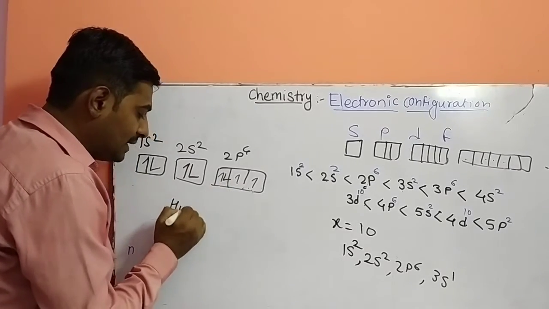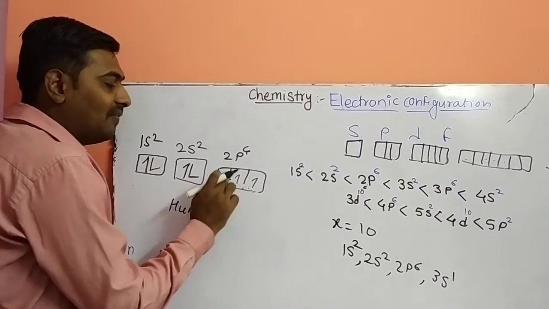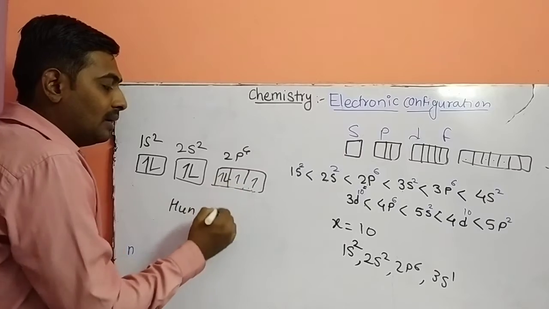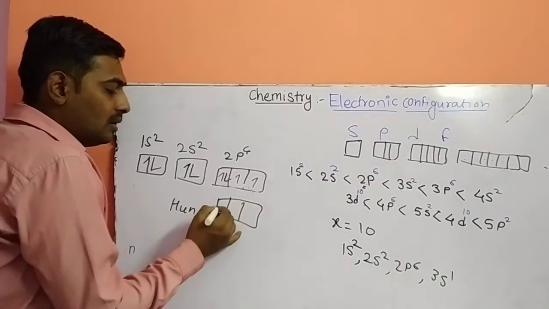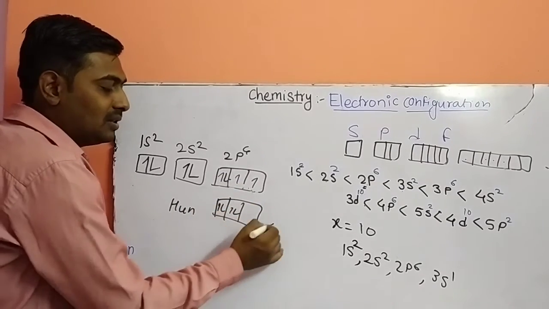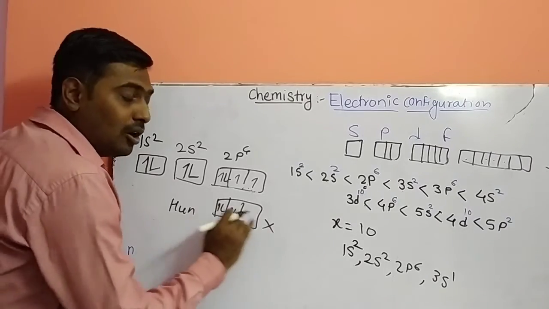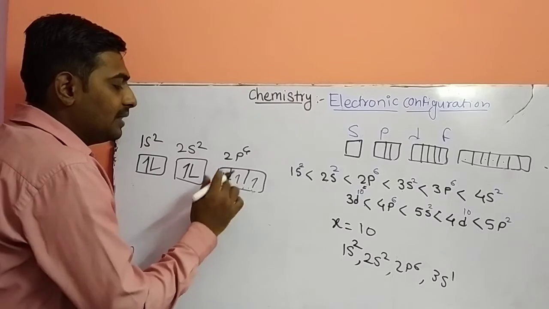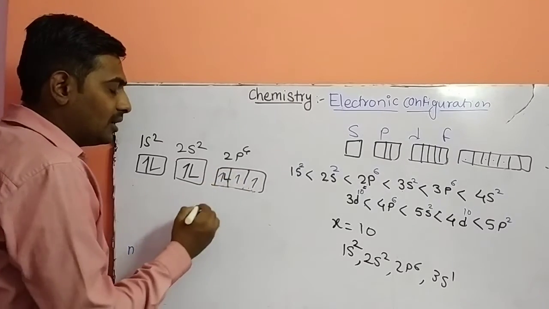Because Hund's rule says that when the orbitals are half filled, then we have to start pairing. Initially we do not start the pairing of electrons like this one. This is very wrong, because all orbitals are not half filled. So when all orbitals are half filled in this way, then we have to start pairing.